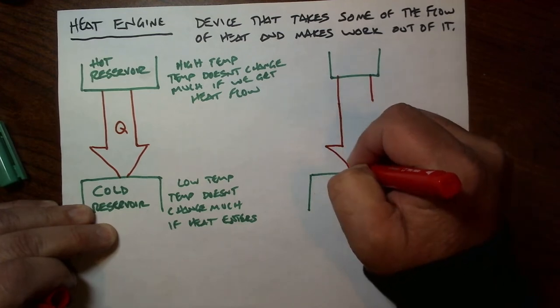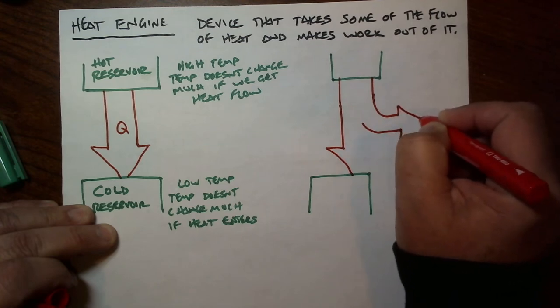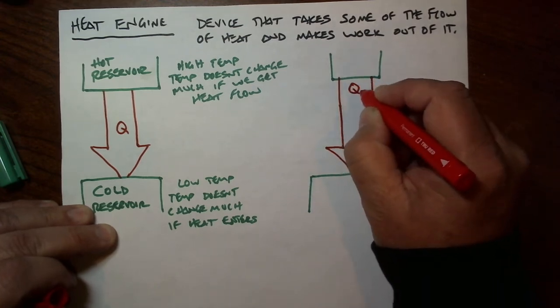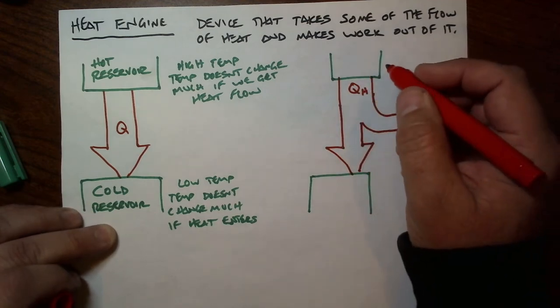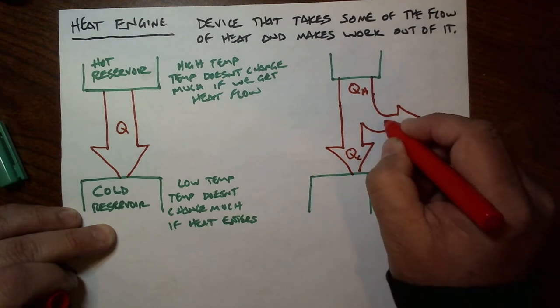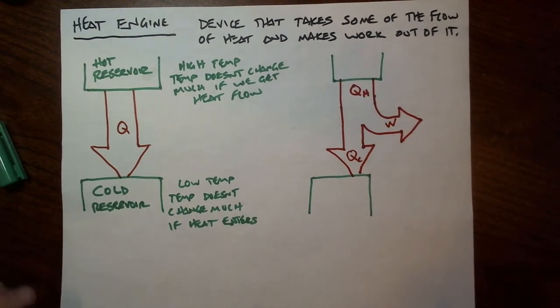Most of it would go into the cold reservoir, but some of it could be taken to the side. So this is QH, the amount of heat that came out of the hot reservoir, and this is a smaller amount, QC, the heat that goes into the cold reservoir, and this is the work. This is a conceptual diagram for a heat engine.